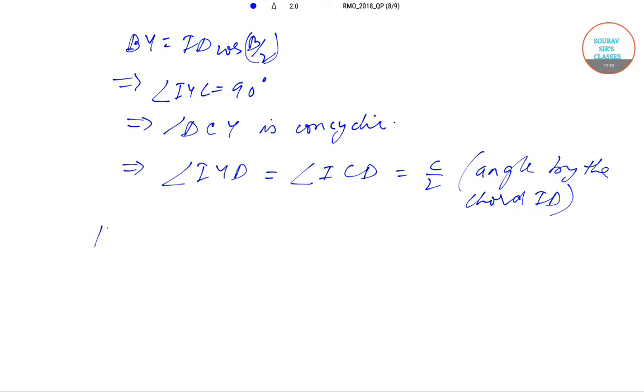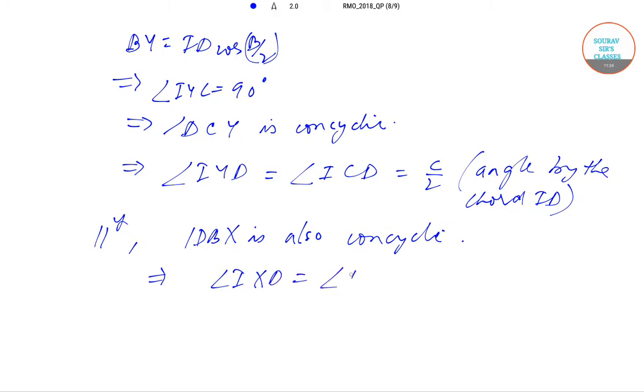Using a similar process, we could also have shown that IDBX is also concyclic. If this is also concyclic, then it implies that angle IXD will be equal to angle IBD, and both of them would have been equal to B by 2.